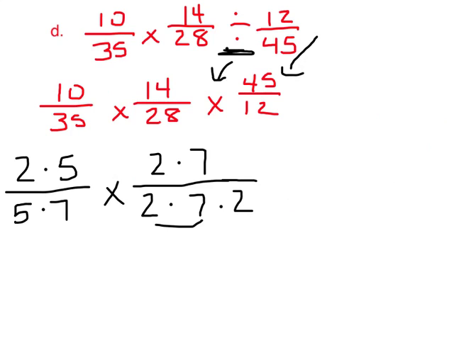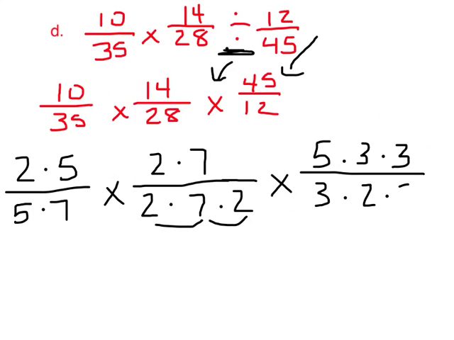Or 14 times 2 is 28. And then 45 is 5 times 9, but 9 is 3 times 3. And 12 is 3 times 4, which is 3 times 2 times 2.